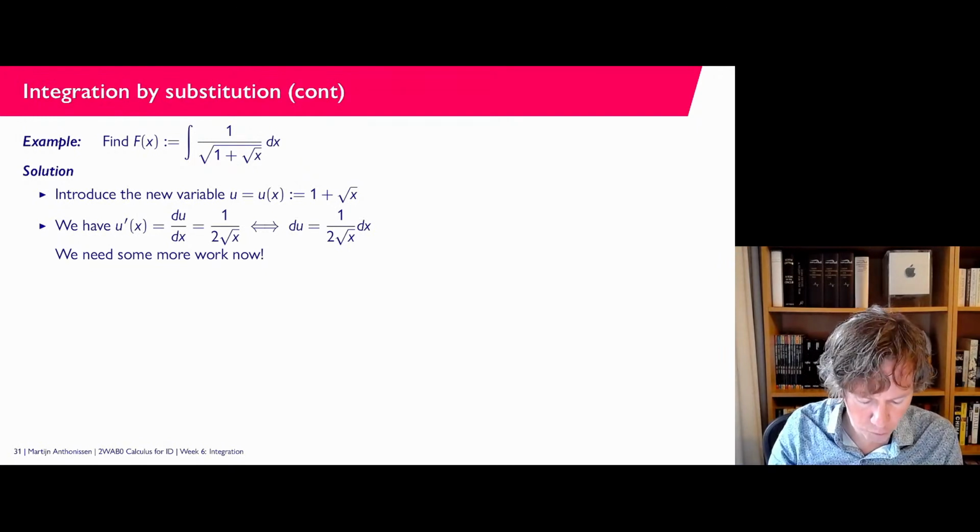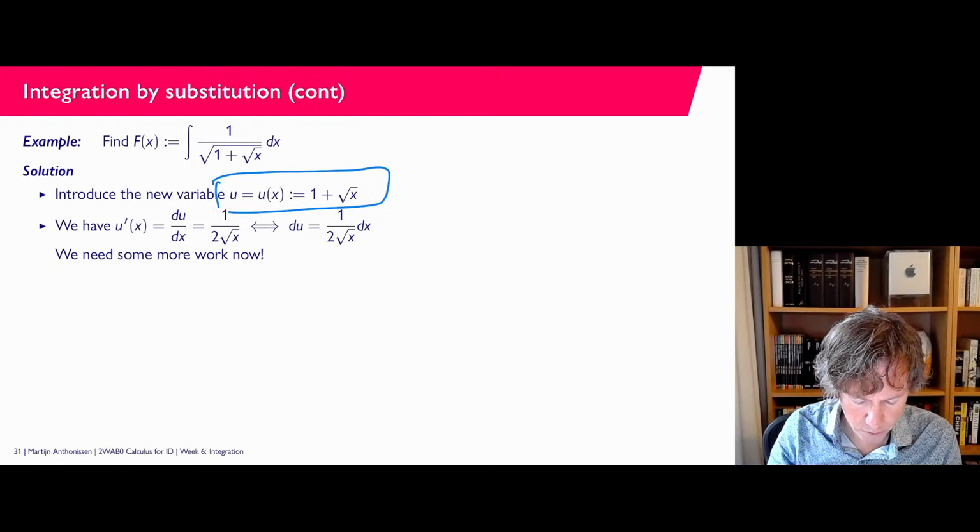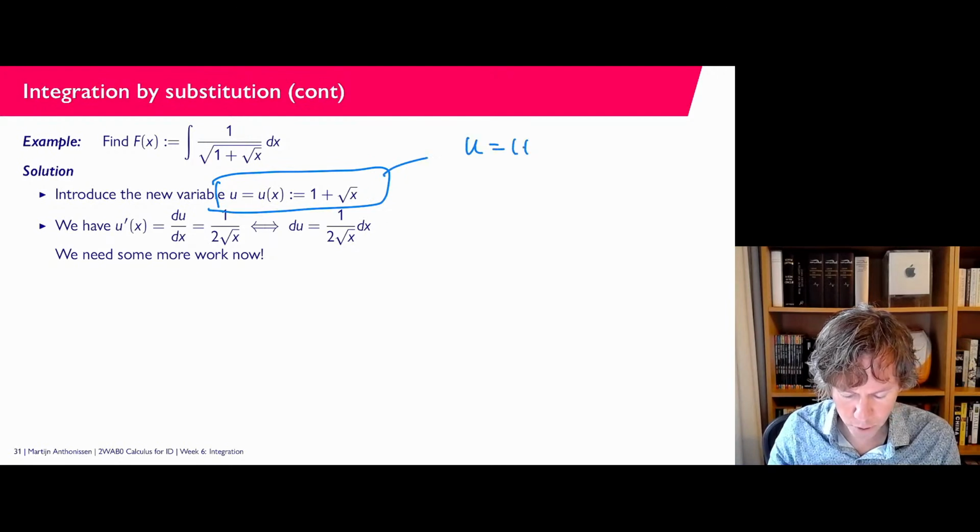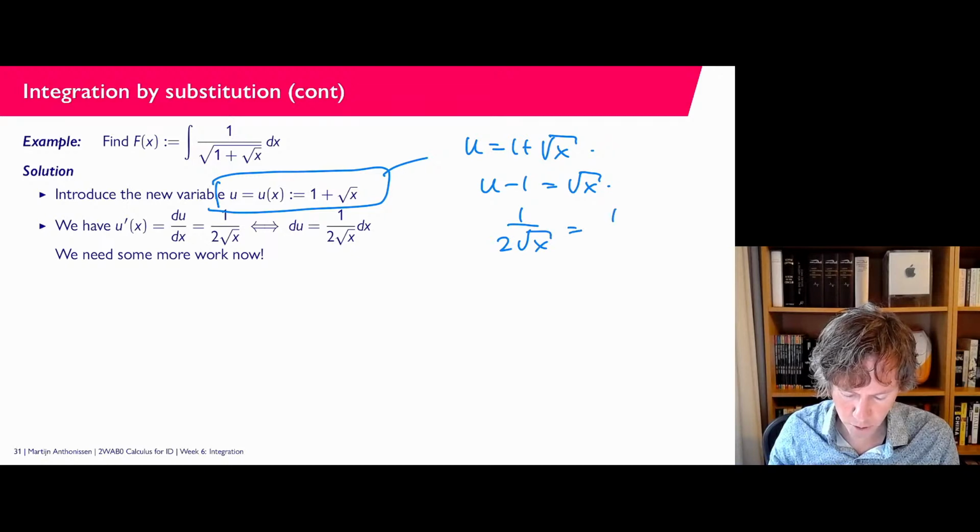Well, if you look here, we have u is 1 plus square root of x. So u minus 1 is square root of x. So 1 over 2 times square root of x is the same as 1 over 2 times u minus 1.